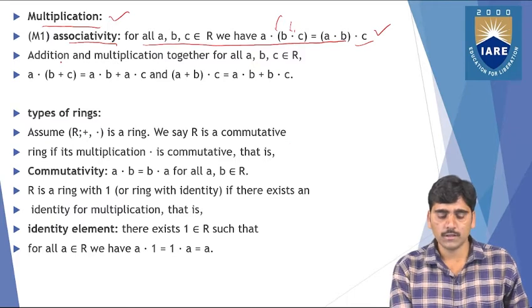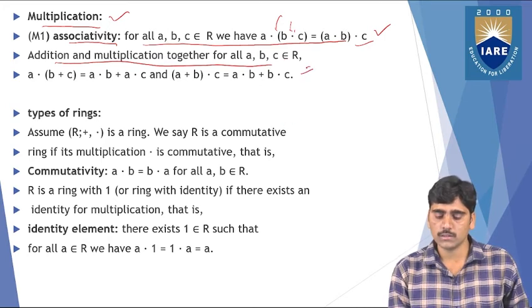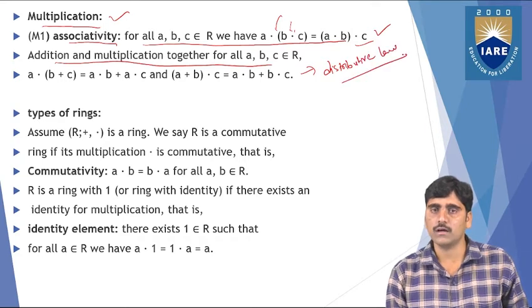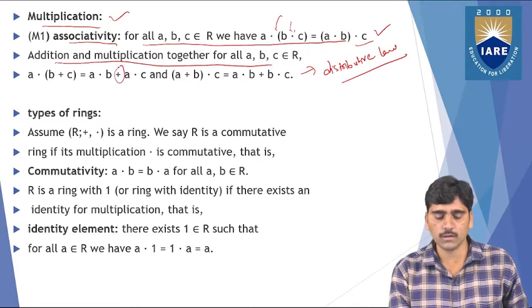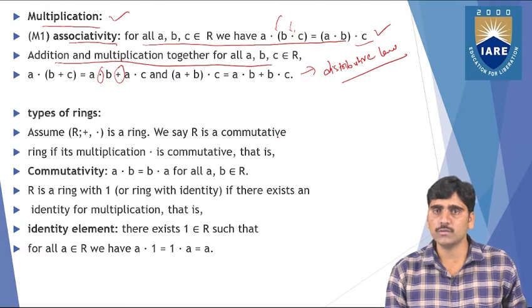And addition and multiplication together, this is what you can call the distributive law. The distributive law takes two operators, the plus operator as well as the dot operator, and the expression is distributed over those operations.